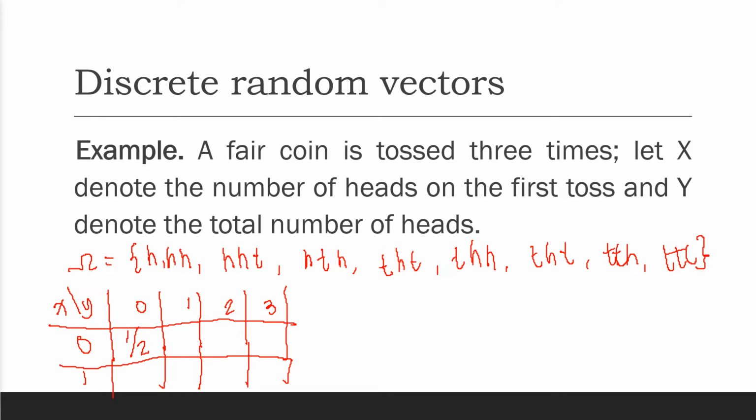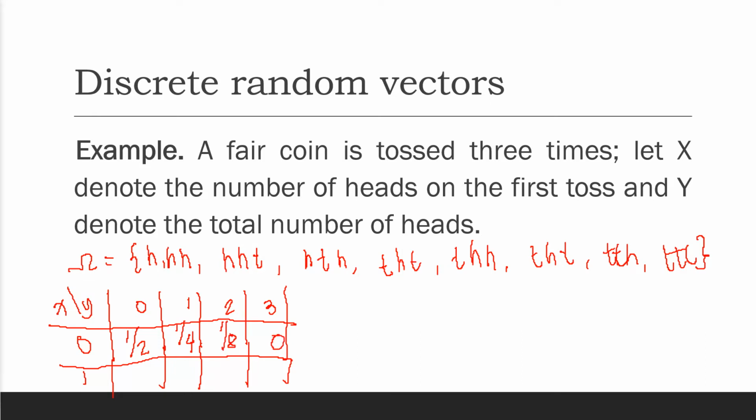Then you could have one head and first toss no head, so that would be 1/4, and then this is 1/8, and this is 0.